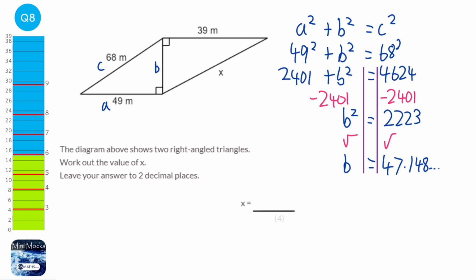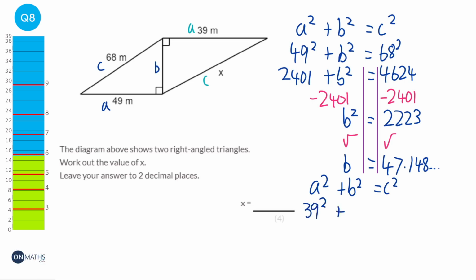Okay, we're now looking at the second diagram, and this time we're going to have a, we've got our b, and we're going to call x the c. So it would be a squared plus b squared equals c squared, but this time a is 39. B we are given as 47.148, we've just worked that out.